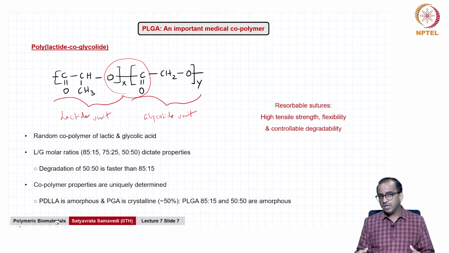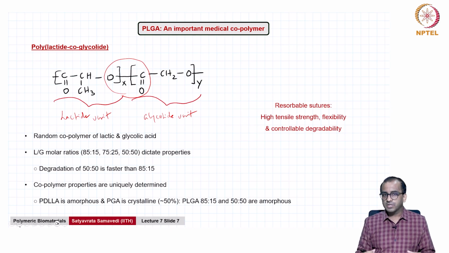And PLGA has a bunch of interesting properties just because you have two mers or two monomers forming the polymer. Depending on the ratio of the mers and depending on whether it is acid terminated or ester terminated, as we saw earlier, PLGAs can exhibit a wide spectrum of properties.